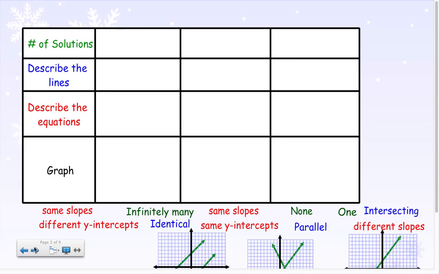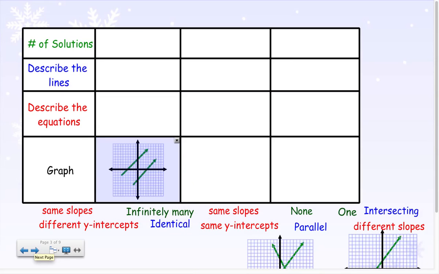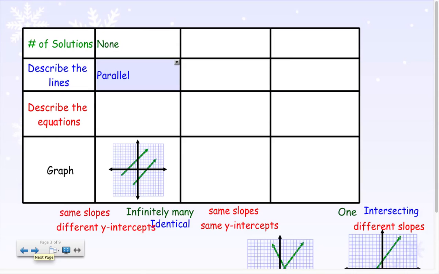Just a reminder real quick about the number of solutions for the various systems. If you have parallel lines, you end up with no solutions. If two lines are parallel, they have the same slope, but different y-intercepts.